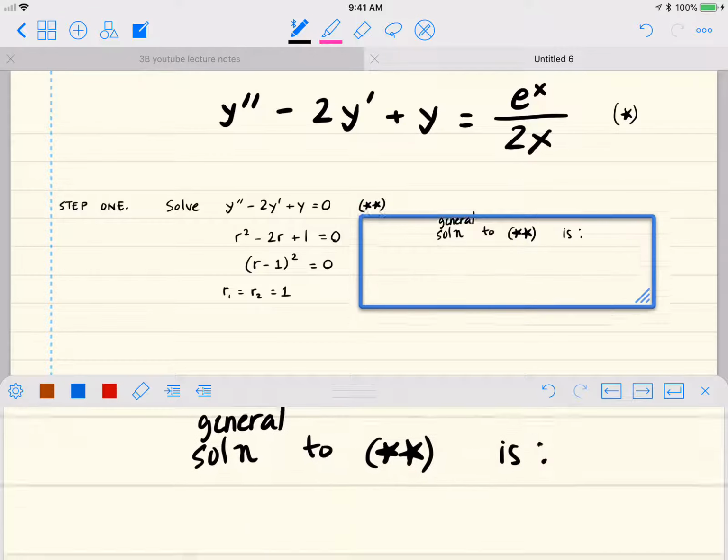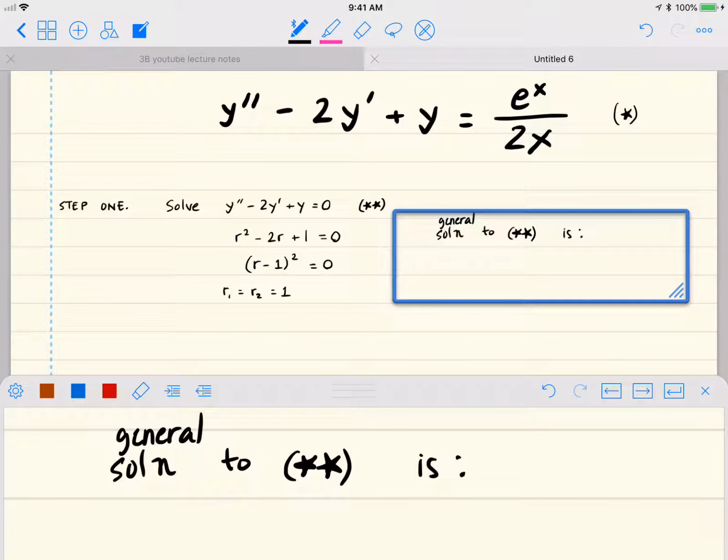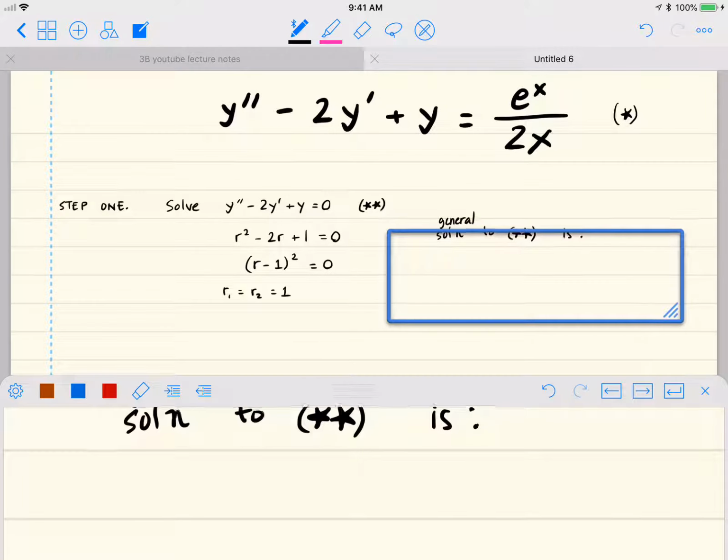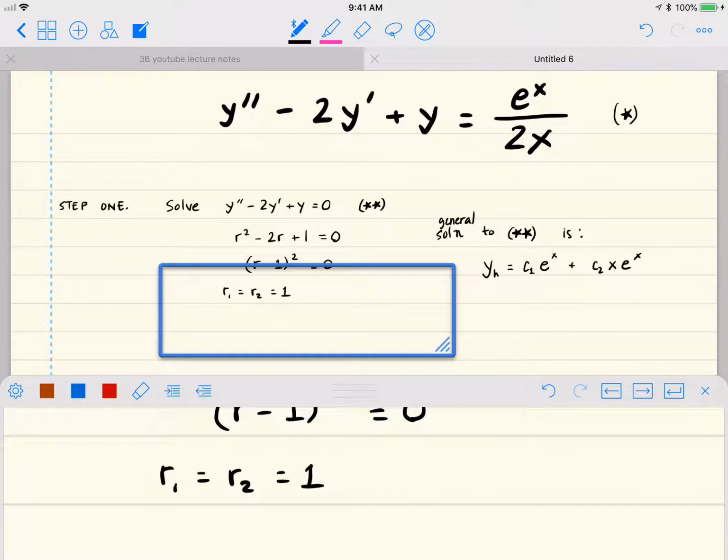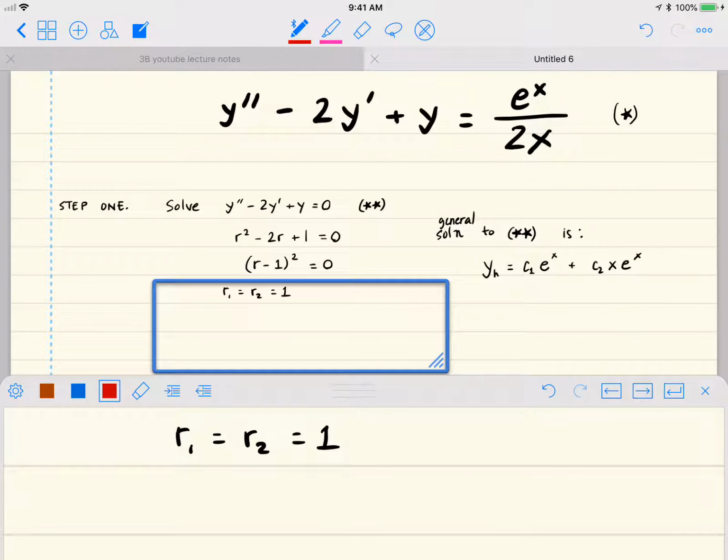is, let's see here, so this is my homogeneous general solution, yh equals C1 e to the x plus C2 x e to the x. So remember, it's supposed to be C1 e to the r1 x plus C2 x e to the r2 x equals y.